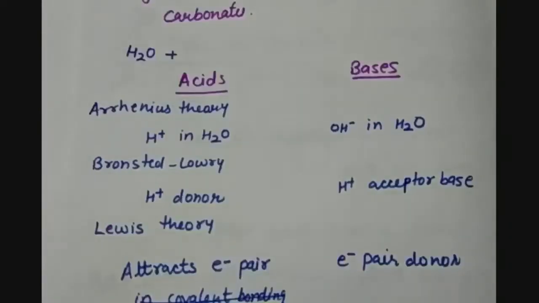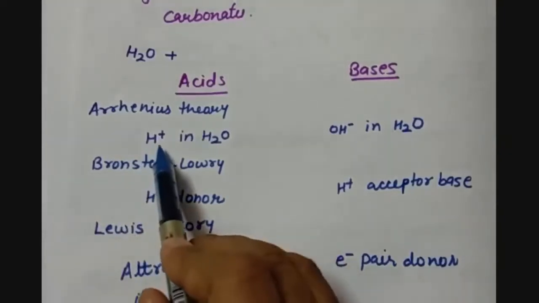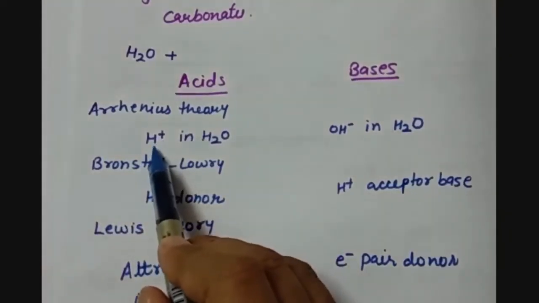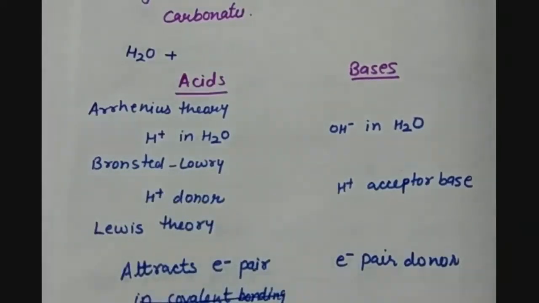Now we have some basic theories. In the case of acids and bases, we have read about the Arrhenius theory. The Arrhenius theory says that when a substance furnishes or gives hydrogen ion, that is H plus ion, in water, or dissociates into its ions, and H positive ion is the only positively charged ion formed when it is dissolved in water, then it is called an acid.